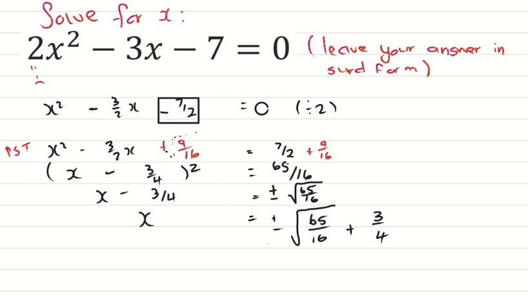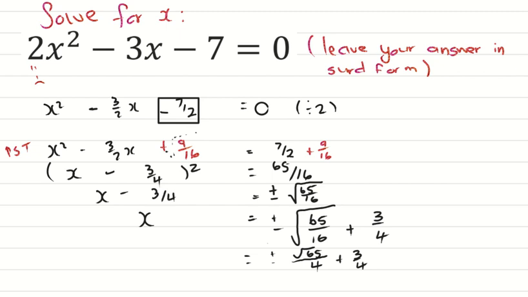Now before you finish off and think that this is the end, 16 is a perfect square, so we can find the square root of 16. Okay, so the square root of 65 will not change. We'll leave it at that, but the square root of 16 is 4, and then we say plus 3 over 4, right?